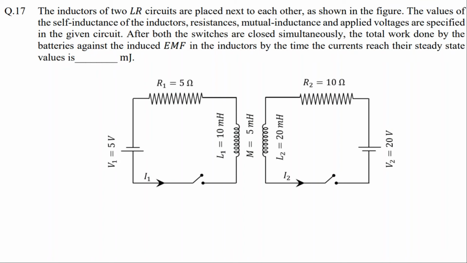After both the switches are closed simultaneously, the work done by the batteries against the induced EMF in the inductors by the time the current reach their steady values is, in millijoule, we have to find. So let's start.